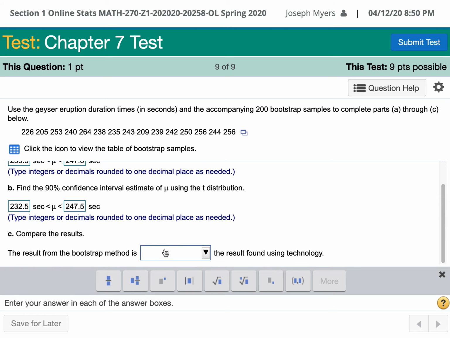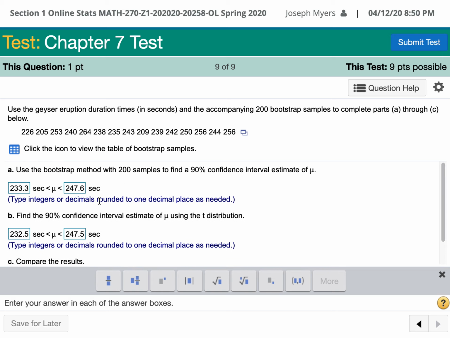The result from the bootstrap method is reasonably close to the result found using technology. So the answer to your question is yes. If you wanted to, you could just throw all the numbers into a hat and then pull them out millions of times to try to estimate the number of times that what you wanted to find out would actually happen, and then you could create things like a confidence interval based on all of those 200 random samples.